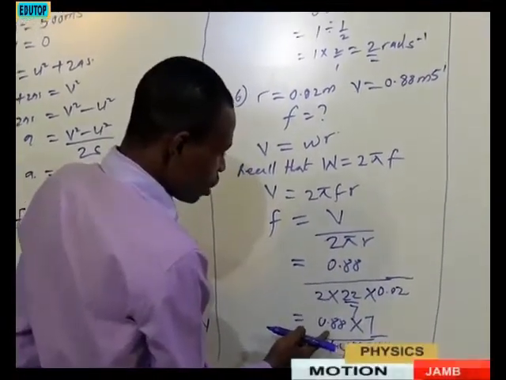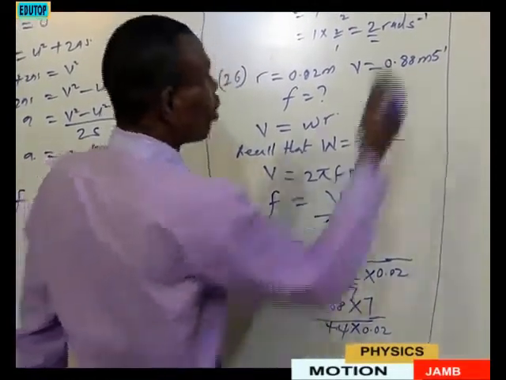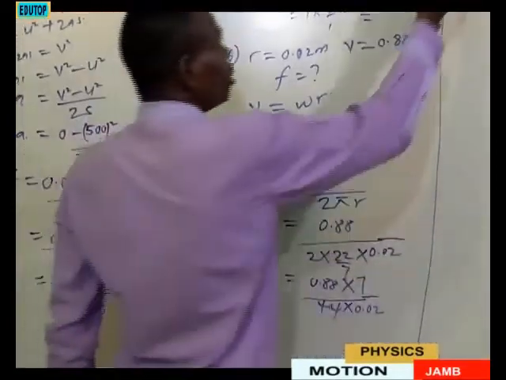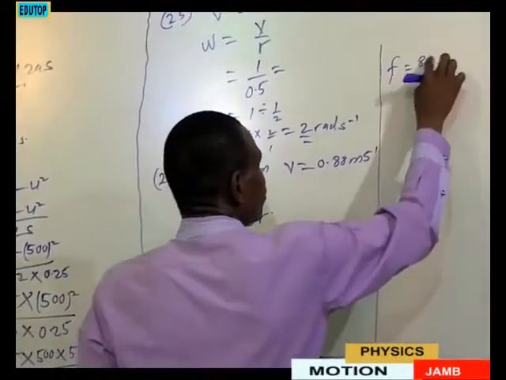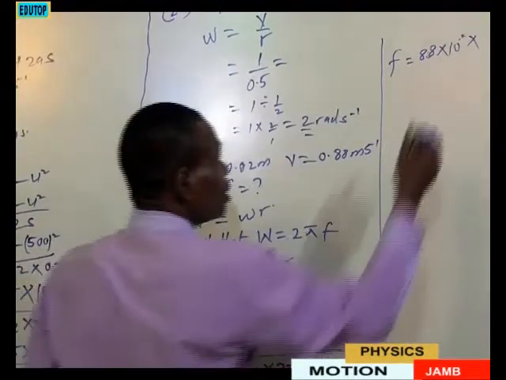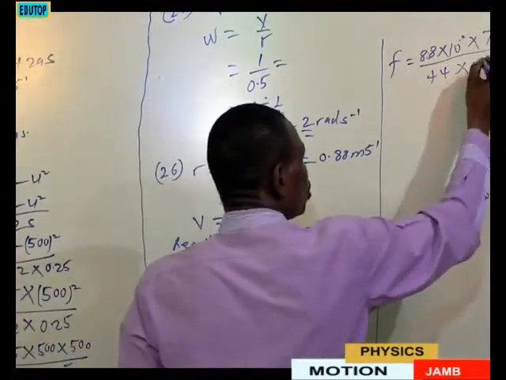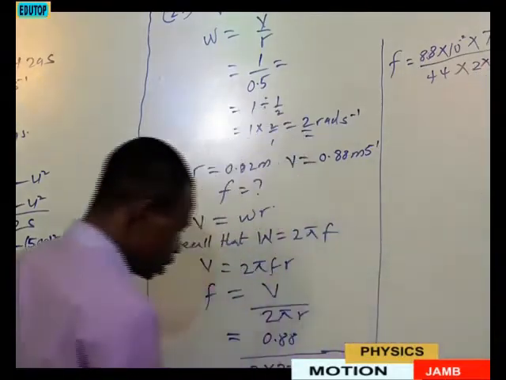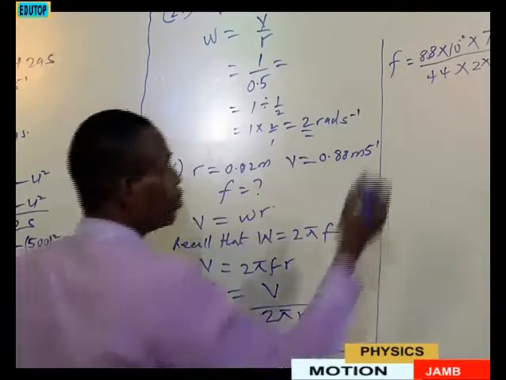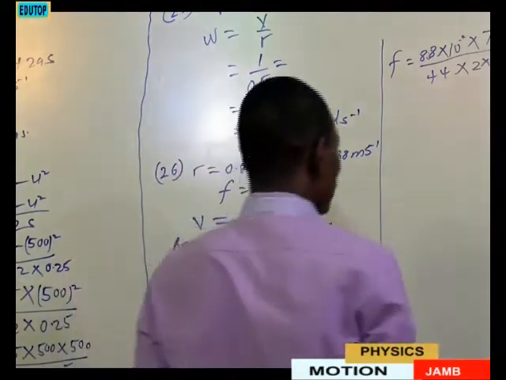From here, we are going to calculate: 0.88 can be 88 times 10 raised to power minus 2, times 7. For 0.02, it becomes 2 times 10 raised to power minus 2. This is what we are having now.